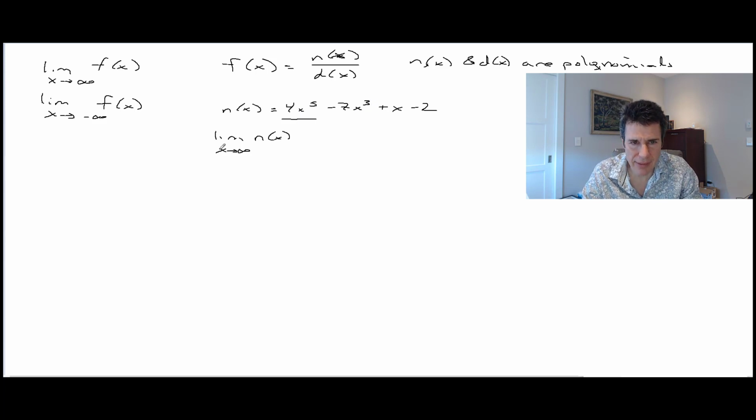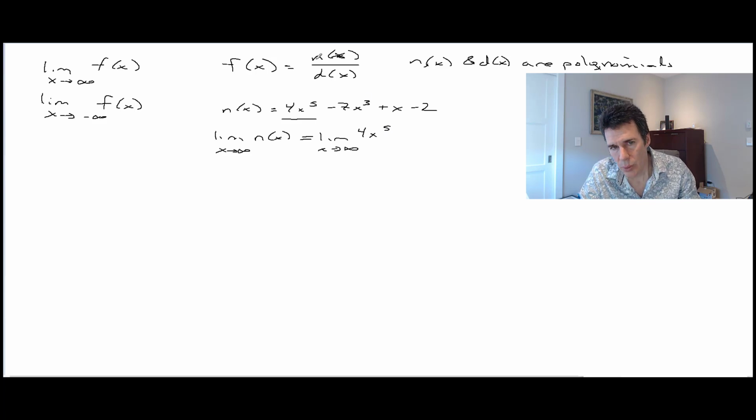And what that means is this limit is the same as if we took the limit as x goes to infinity of just the leading term, just that 4x to the fifth. So if we're taking a limit of a polynomial, we can just worry about what the leading term does, and if the leading term goes to infinity, we know it does.